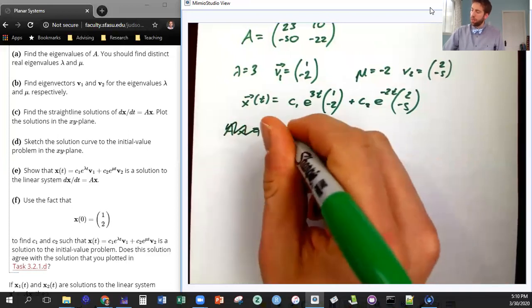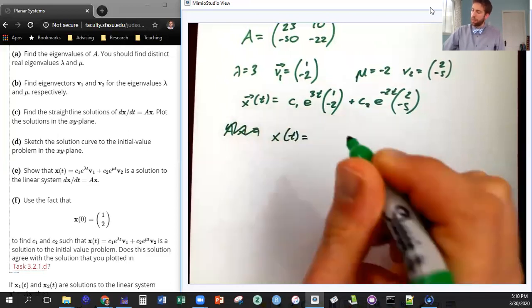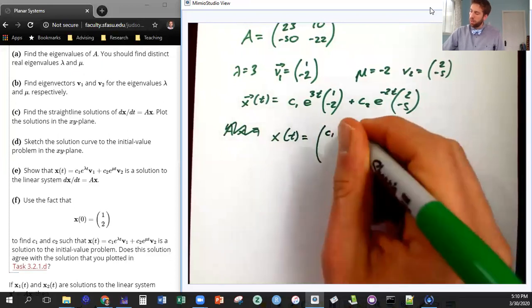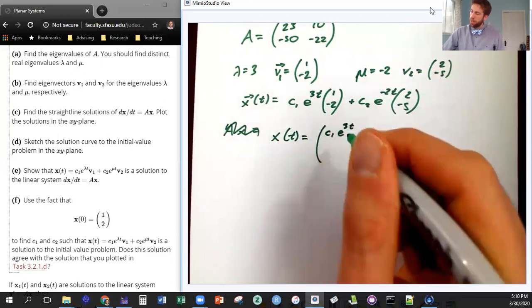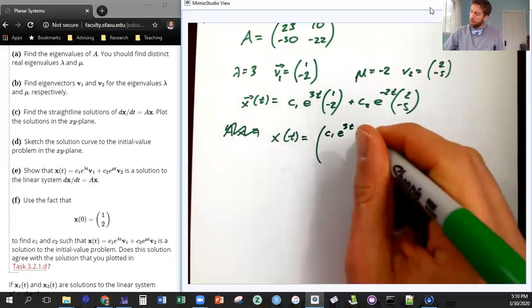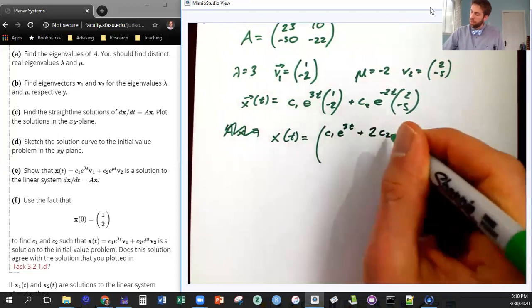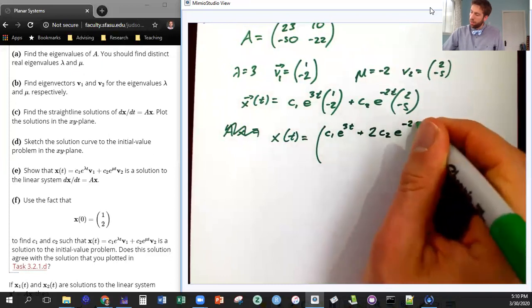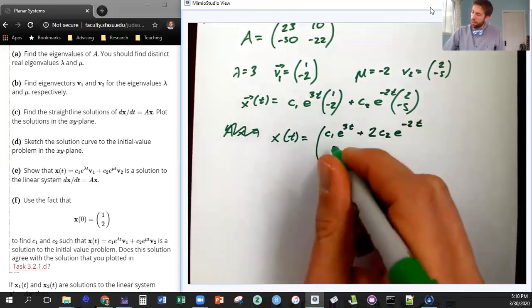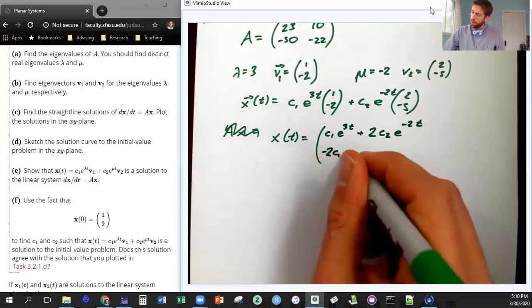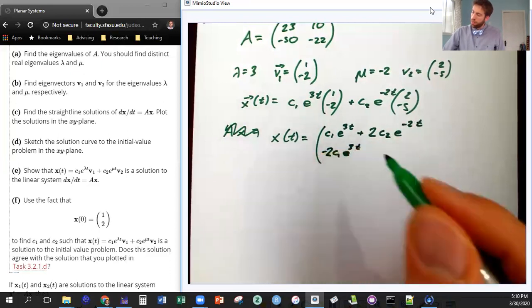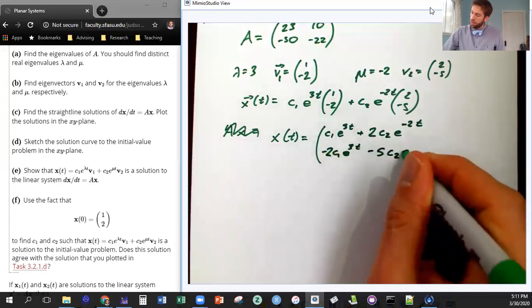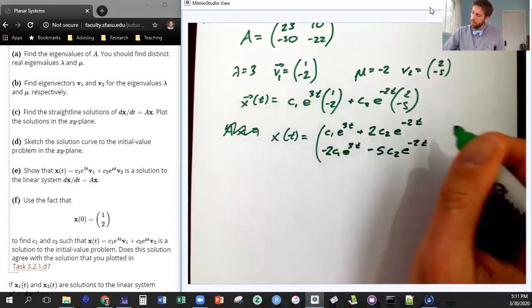So x of t as a vector is going to be c1 e to the 3t plus 2 c2 e to the -2t, and then -2 c1 e to the 3t minus 5 c2 e to the -2t.